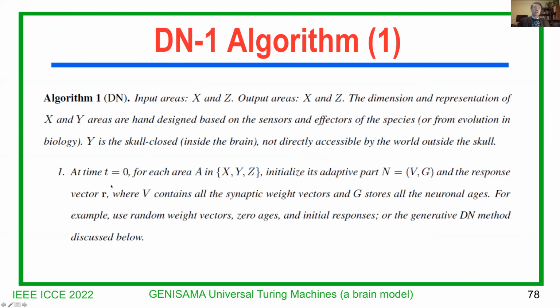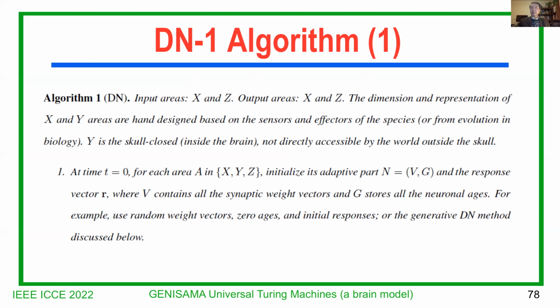And then for time t equals 0, for each area A, which could be X, Y, Z, you initialize the adaptive part, N. This is the vector, and H actually. Later on, we'll have a weight vector and an H, and also have connection patterns, right? And this is related to synaptic maintenance later on. We'll talk about the connection, where you connect it, all right?